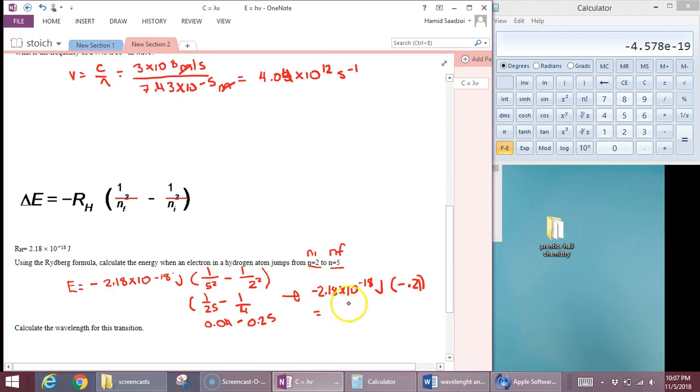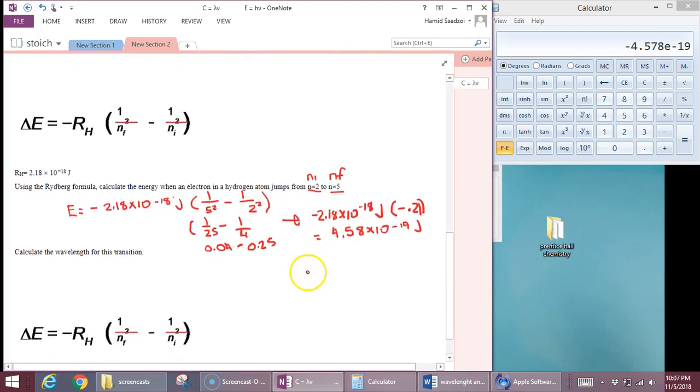So this gives us, remember it's negative times negative, so now it's a positive. 4.58, rounding up, times 10 to the negative 19 joules. So it's a positive number. That's what we expect because we're going from a lower energy level to a higher one. So expect it to be endothermic in terms of energy.